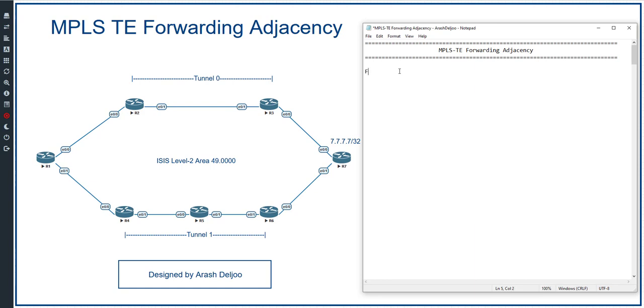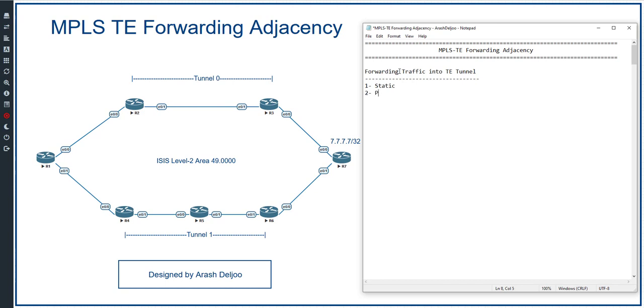Let me write it here. Forwarding traffic into the TE tunnel. You know that we learned until now three methods for forwarding traffic into the TE tunnel. The first method is static routing, which you learned about in previous videos.